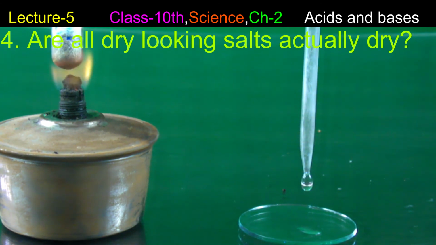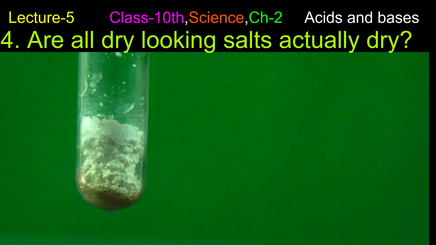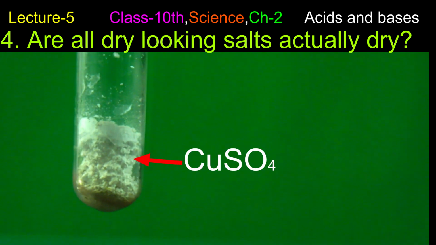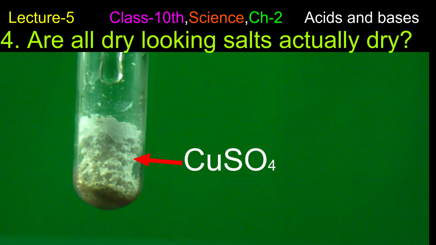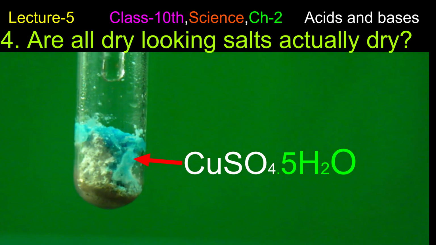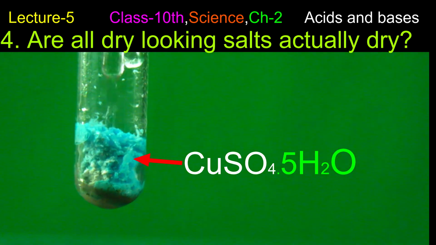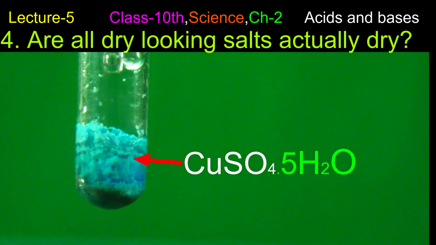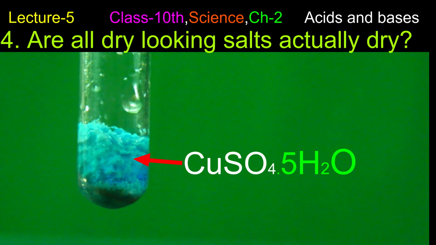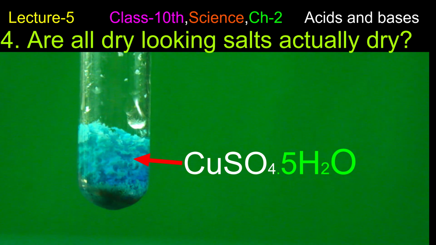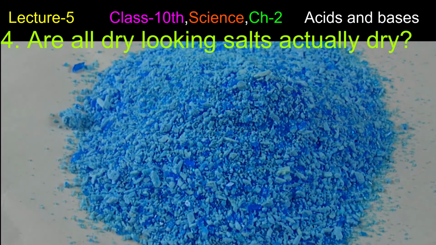See what happens with the color of the copper sulfate. It has become white. I cool it down and add water to this white copper sulfate. It turns back blue. Such water containing salts are called hydrated salts.